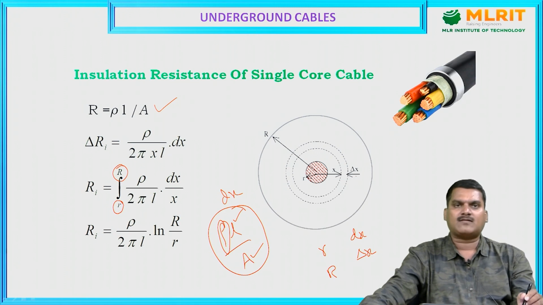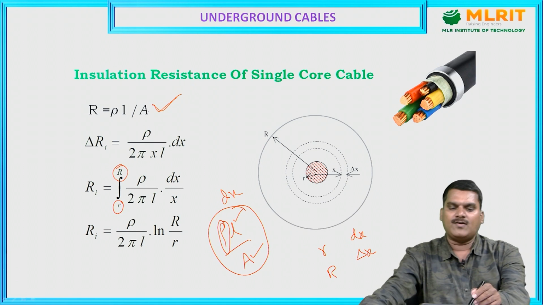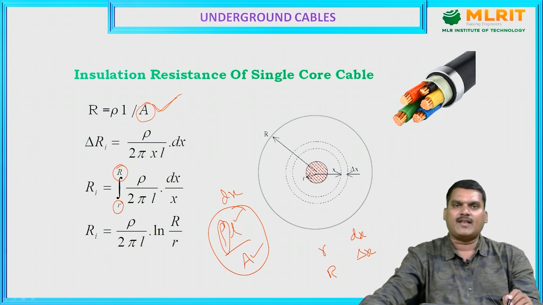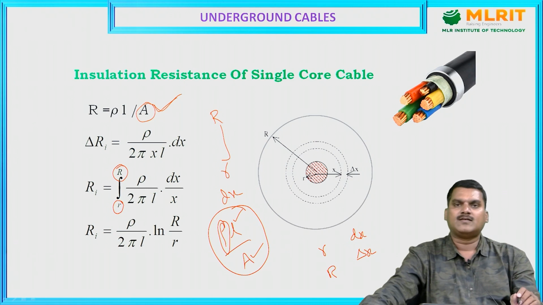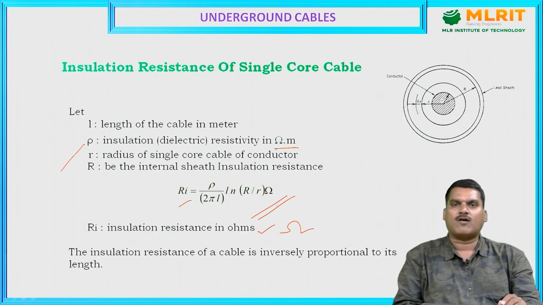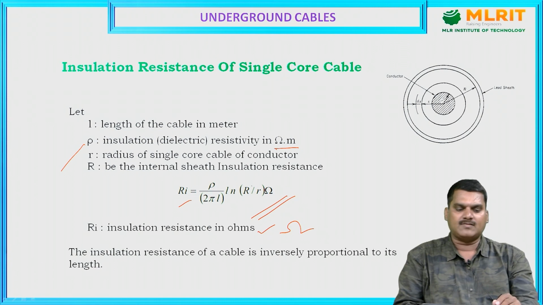That elemental strip's resistance value is taken as rho L by A, where A is replaced with the cross sectional area of that strip, and that value is integrated from small r to capital R. Finally we get this formula, which gives the insulation resistance of the cable for length L. Here rho is the insulation resistivity, L is the length of the cable, capital R is the radius of the cable, and small r is the radius of the conductor.